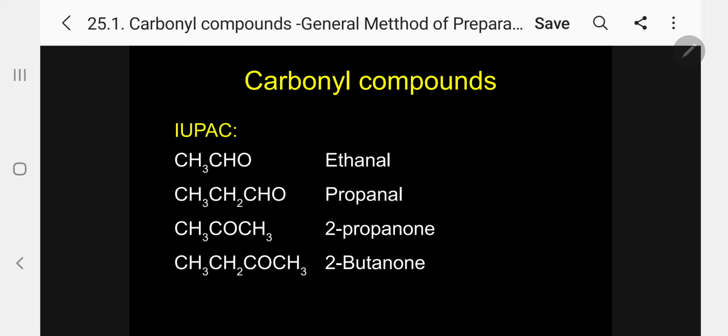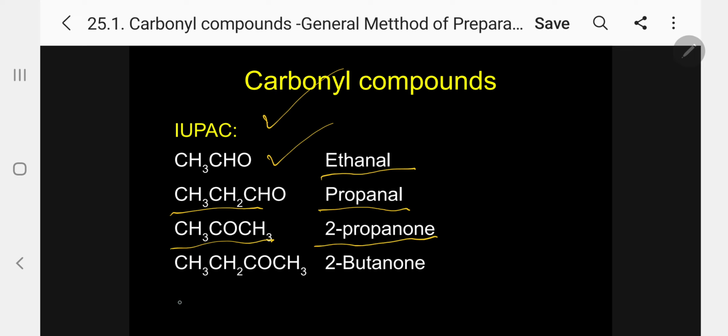Okay, now let me come back here. Acetaldehyde common name, IUPAC ethanal. Propionaldehyde, IUPAC propanal. Acetone, IUPAC 2-propanone. Then this is 2-butanone. Kindly follow.